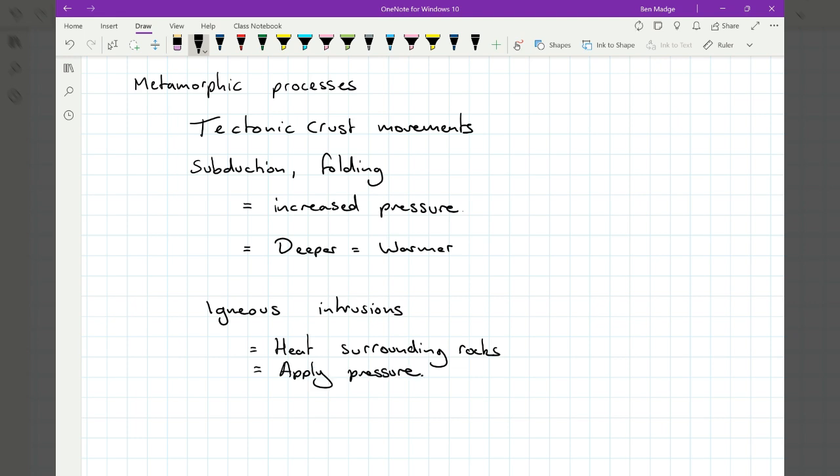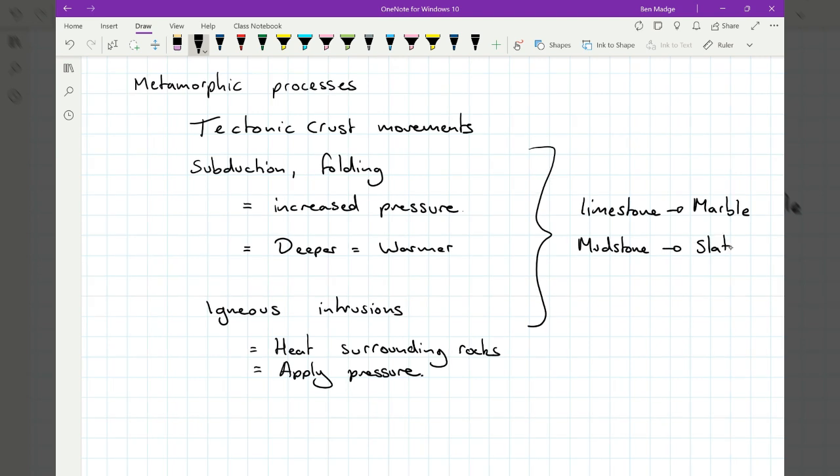So we end up, because of these sort of processes, with changes in the crystallized formation of the rocks, and we get things like limestone becoming marble and mudstones can become slate. Okay, so you can see that they haven't melted.